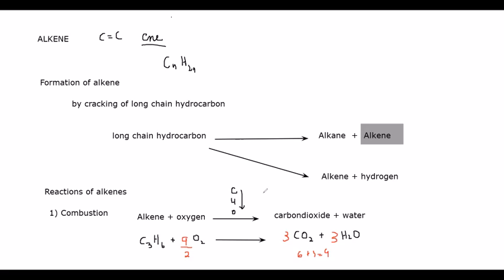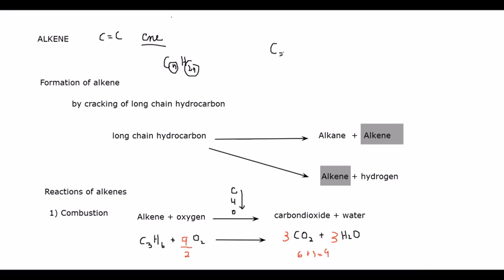So for formation of alkenes, if we want to form an alkene, we do cracking. Cracking we already discussed. And if we want to burn them, the reactions of alkene, number 1 is combustion. CnH2n is the general formula of alkene. It means the number of hydrogen is always twice the number of carbon.